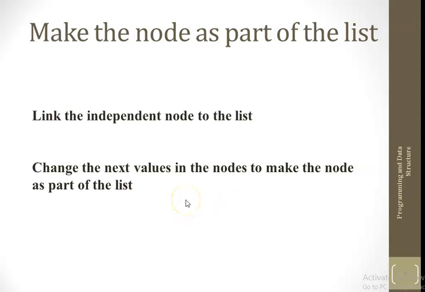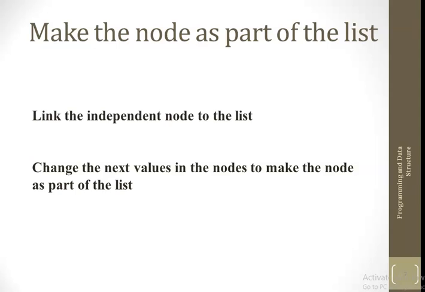I'll repeat. The steps required are: first we have to declare the structure of the node. It should have an integer part, or data part, information part, as well as the address part. Then we must request memory for this node.